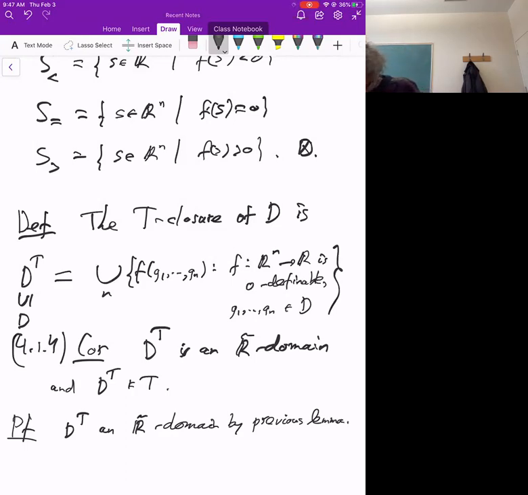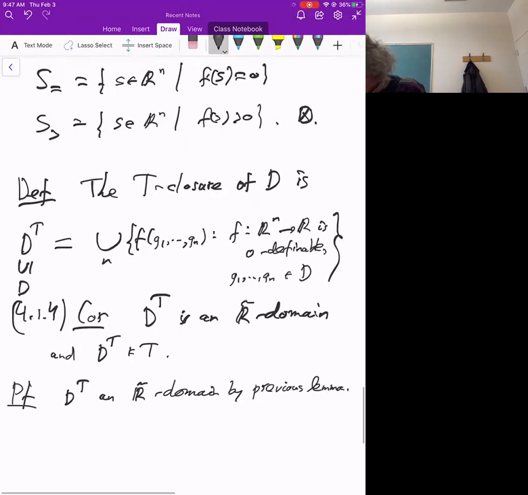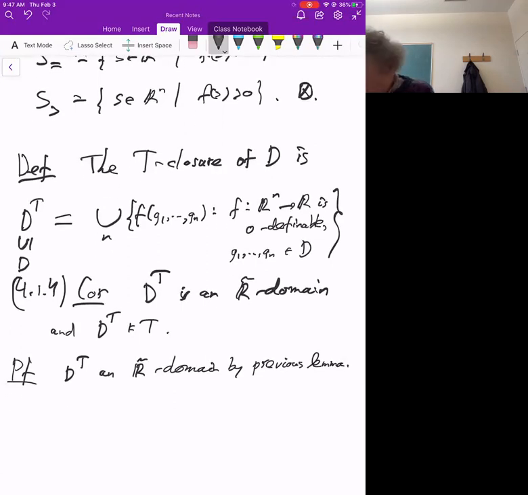And now, okay, to get that it's a model of T, we use a cheap trick, but it's a sort of thing that comes naturally to model theorists.